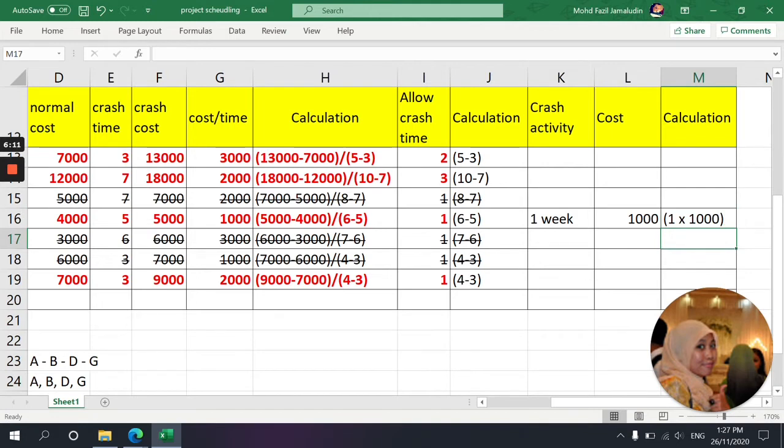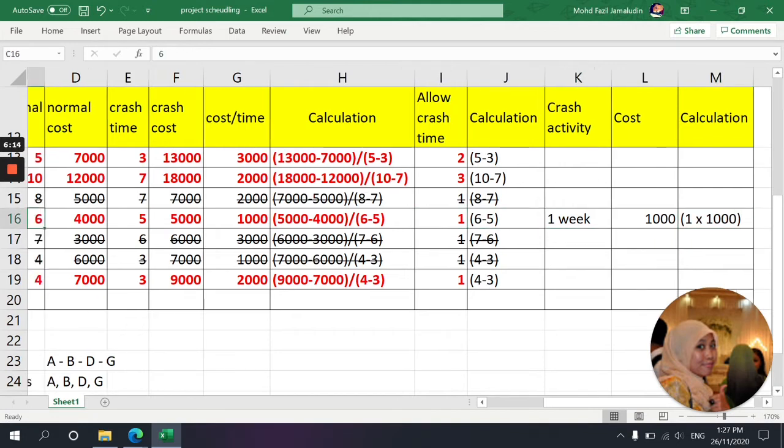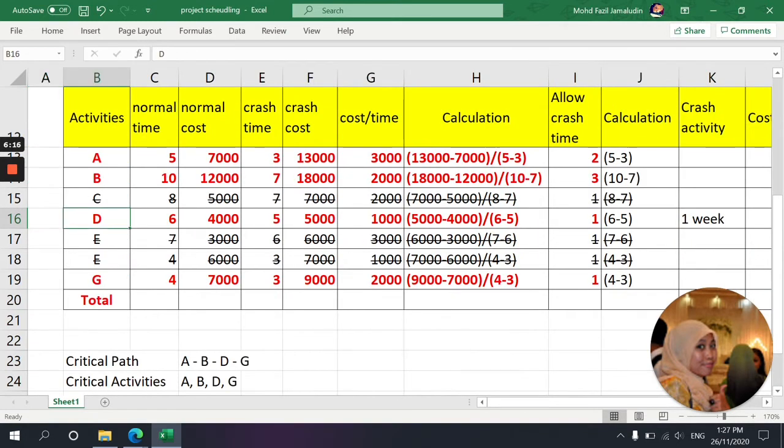Now we need to crash another 2 weeks because we only crashed 1 week. Now we just ignore activity D because we have no allowed time to be crashed. Now we see the second activity that has the minimum cost to crash.